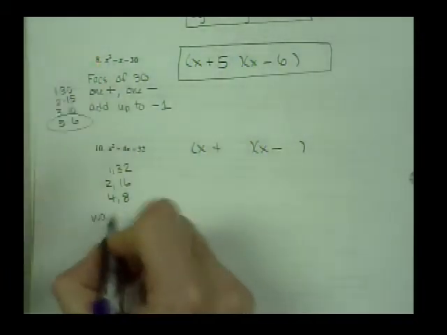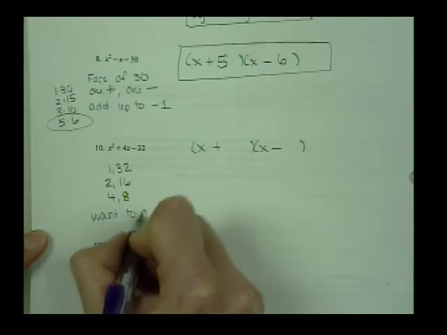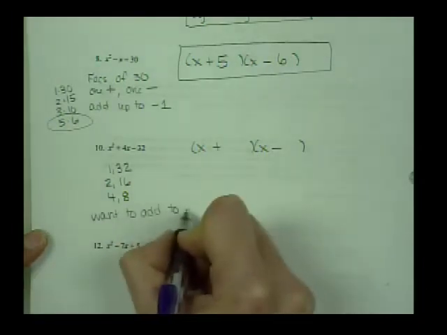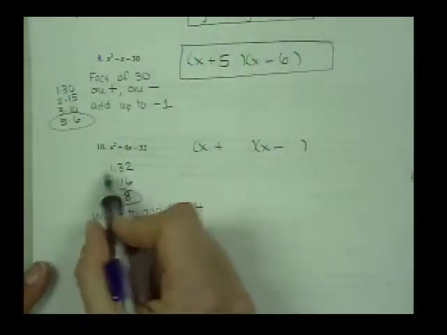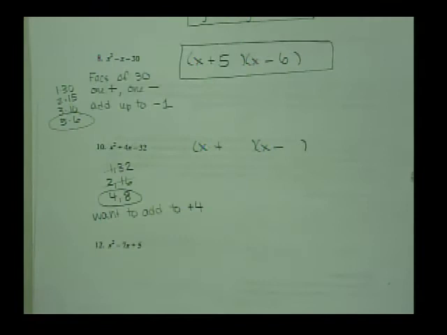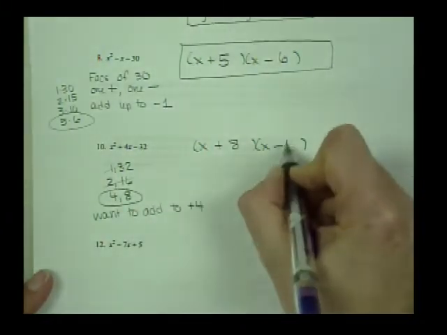Right, we want them to add up to positive 4. So which pair is going to work? Yeah, 4 and 8 is the only one that will work. And which one should be positive? The 8. If we want them to add up to a positive number, the bigger number should be positive, right? So plus 8 minus 4.